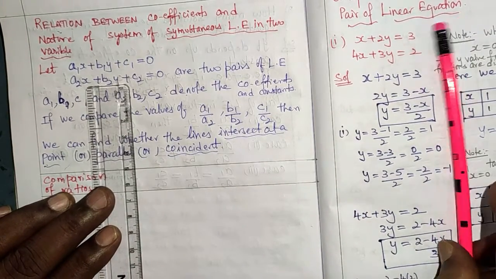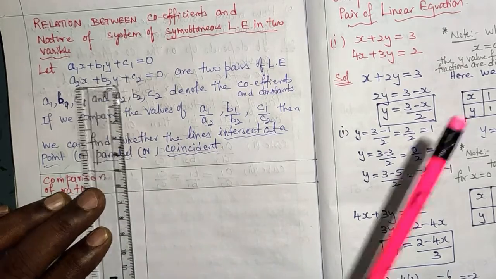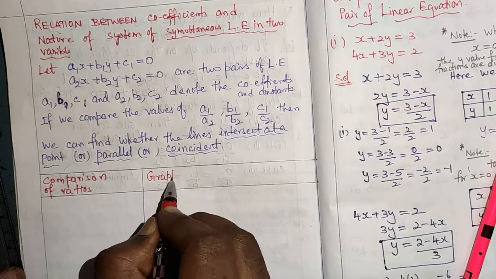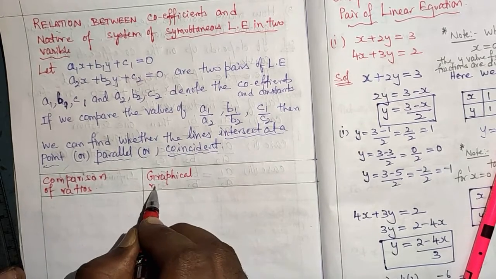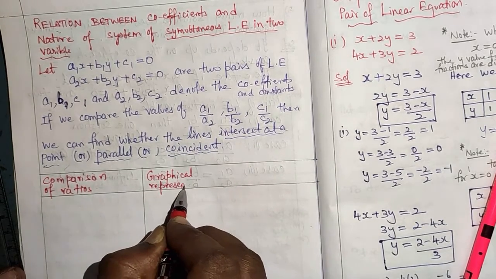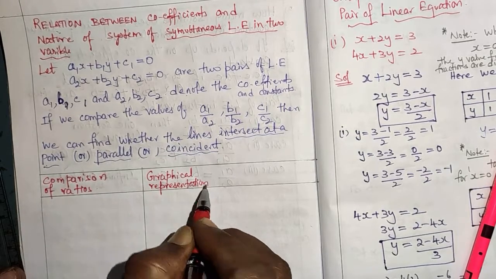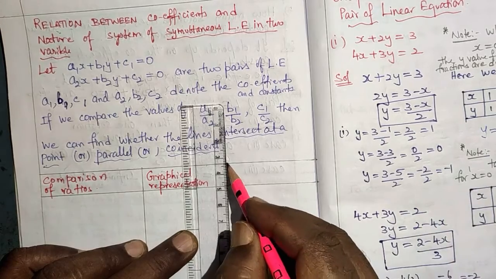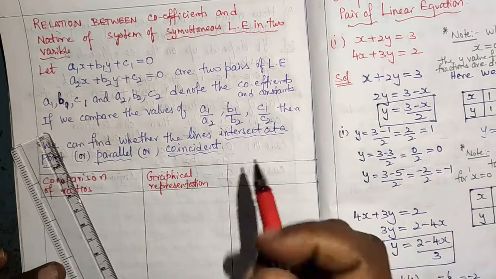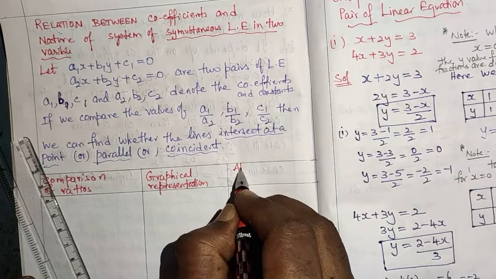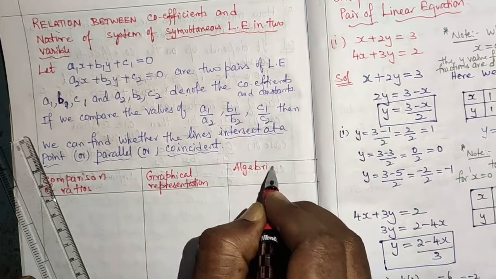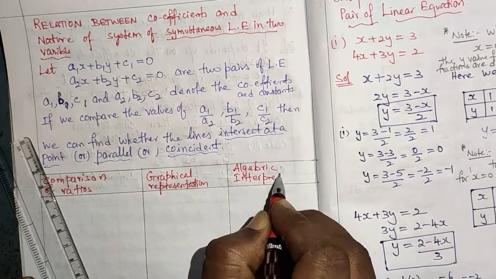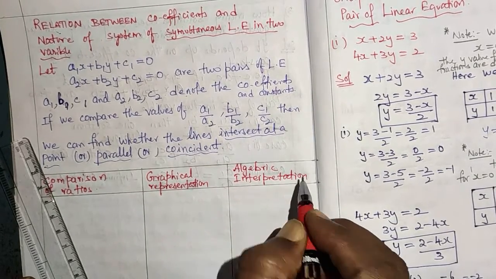I will draw a vertical line here. After comparing, what is its graphical representation? And what is its interpretation? Interpretation means what is our conclusion? Algebraic interpretation.